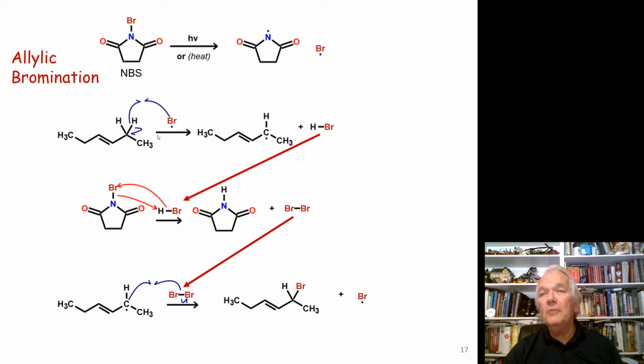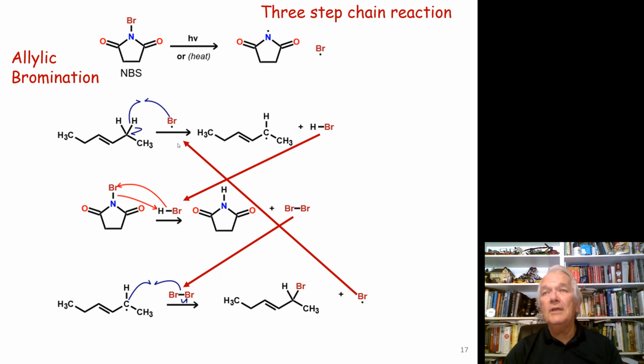In this case, there's three reactions linked together. In the simpler cases of just using bromine for doing radical bromination, there's just two. So this is pretty neat. Three reactions linked together. And so that finally completes our cycle. So this is a three-step chain reaction.